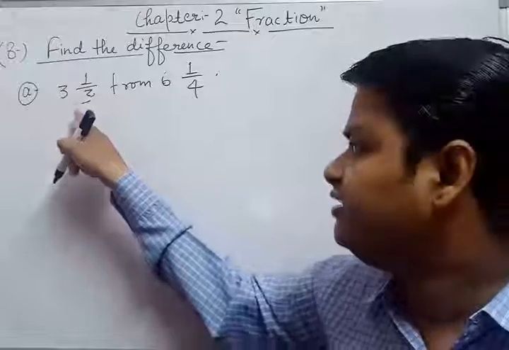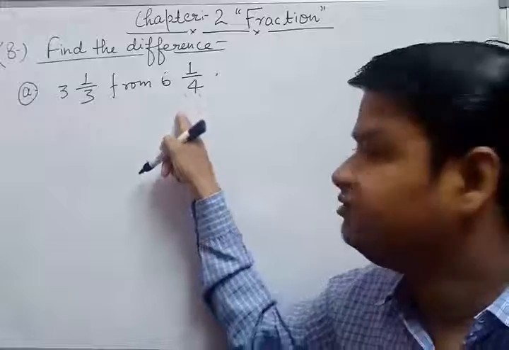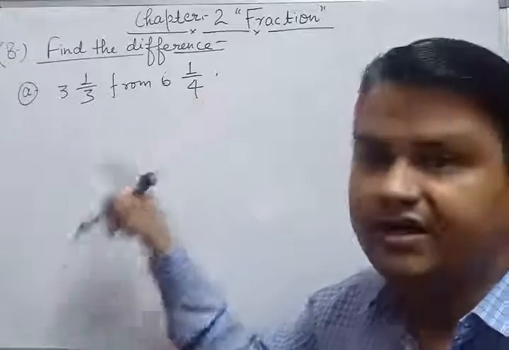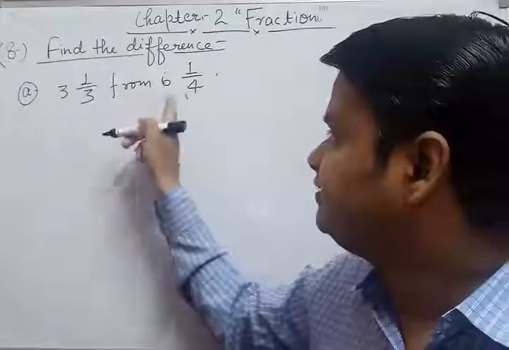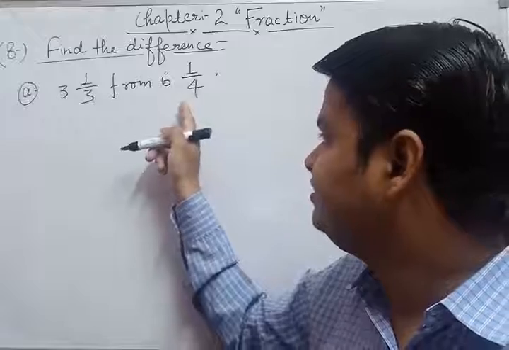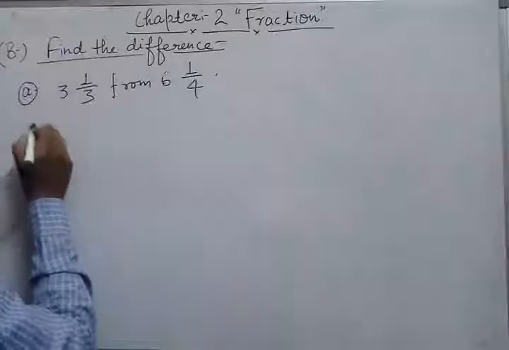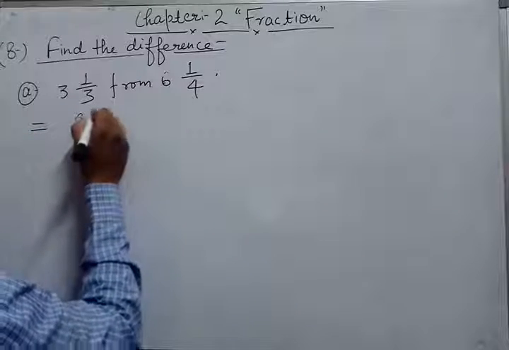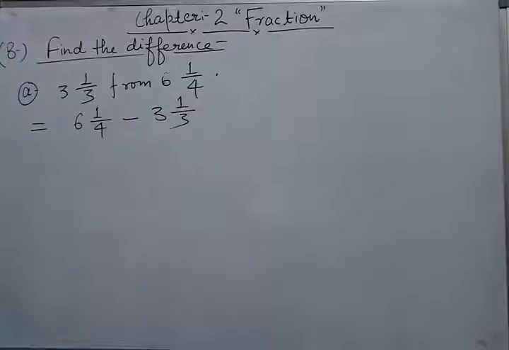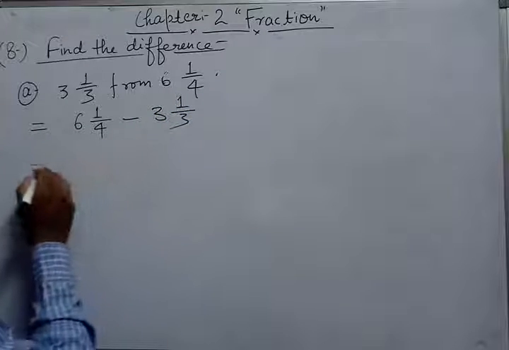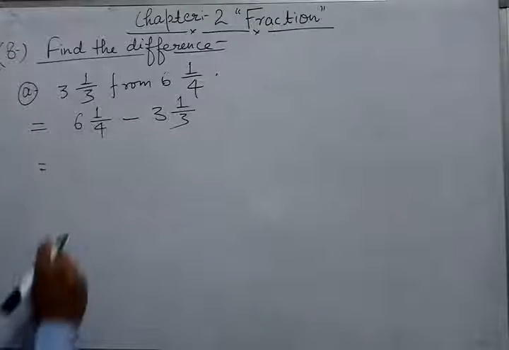Sometimes students write it the other way around, which is not correct. So you have to write 6 and 1/4 minus 3 and 1/3. Now moving to our next step, you have to convert into improper fractions.